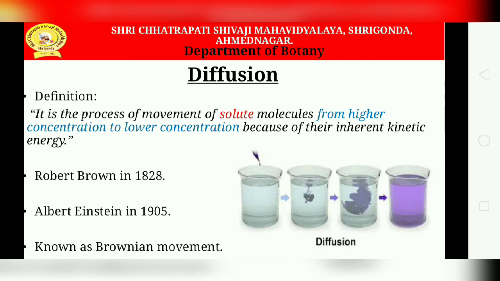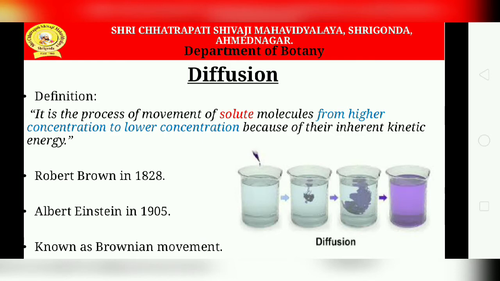Eventually the water and the ink, or the salt particles or sugar molecules, are equally distributed throughout the container. So this is known as diffusion, according to the definition, from the higher concentration to the lower concentration.